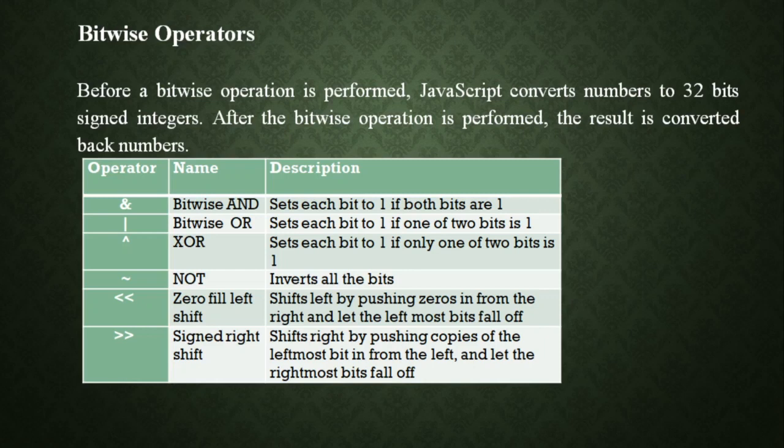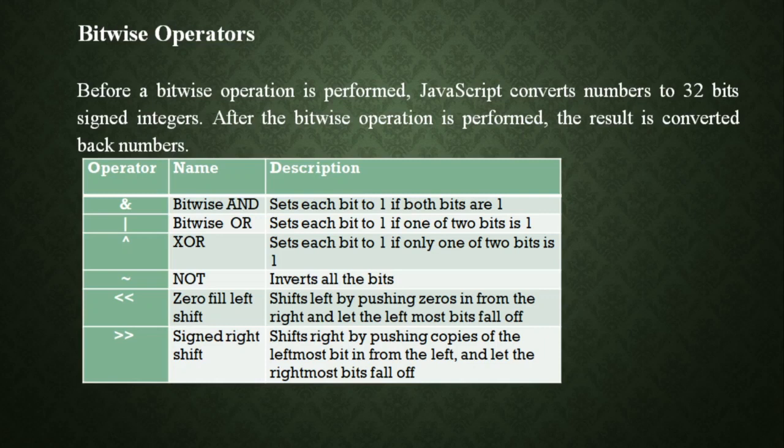What do these operators do? If I am using a bitwise AND, it sets a bit to 1 if both the bits are 1. OR sets each bit to 1 if any one of the two bits is 1. XOR sets each bit to 1 if only one of the two bits is 1. NOT inverts all the bits. Zero fill left shift shifts left by pushing zeros in from the right and letting the leftmost bits fall off.